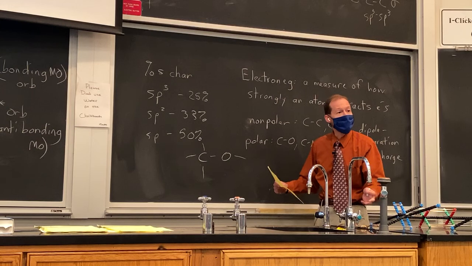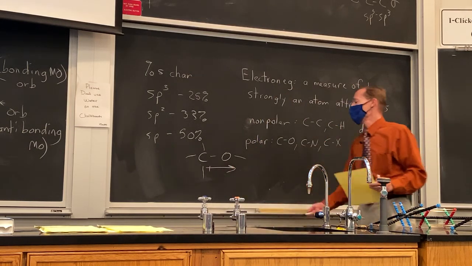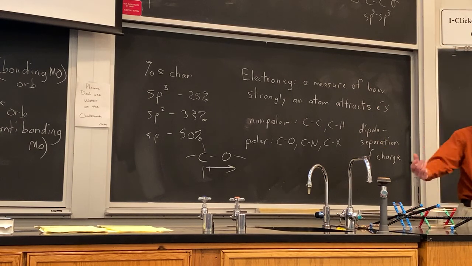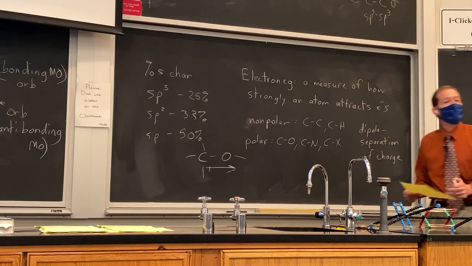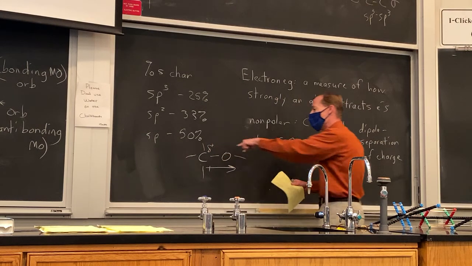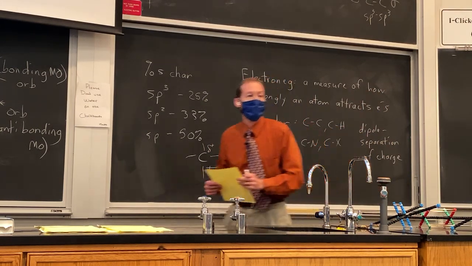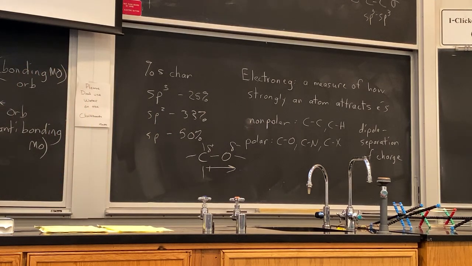Oxygen is more electronegative than carbon, so we can draw a vector pointing from the carbon to the oxygen, indicating that there's more electron density on the oxygen than the carbon. Because that oxygen is more electronegative, it's pulling on the electrons in this sigma bond more strongly than carbon is. We can also represent that in another fashion. We can write a partial positive charge on the carbon, and we can write a partial negative charge on the oxygen. So two ways to show this dipole or this polar bond.